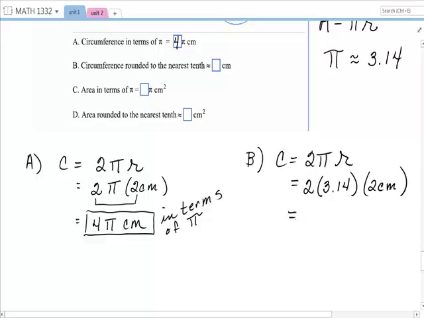So it is 2 times 3.14 times 2, which is 12.56 centimeters. Instructions, nearest tenth. There's the tenths. That's going to round it up to 12.6 centimeters.